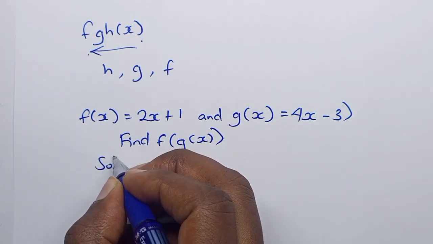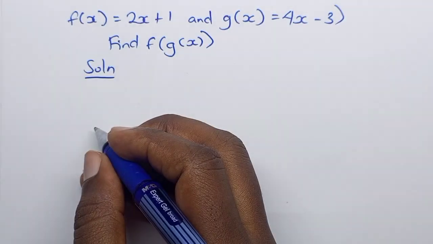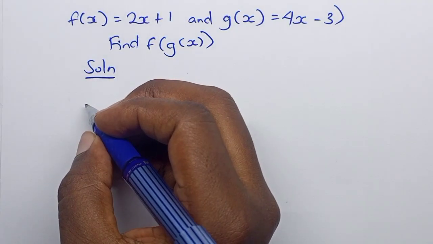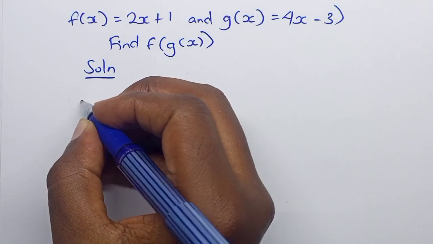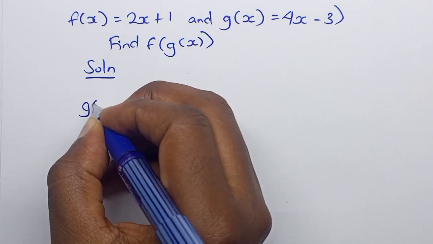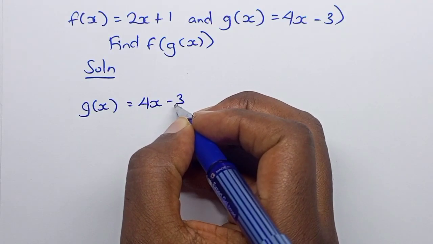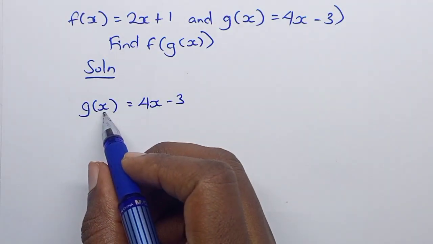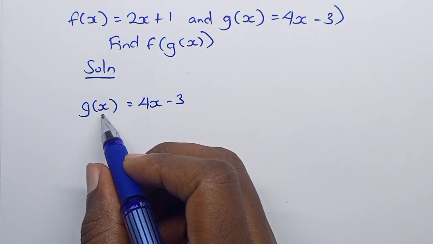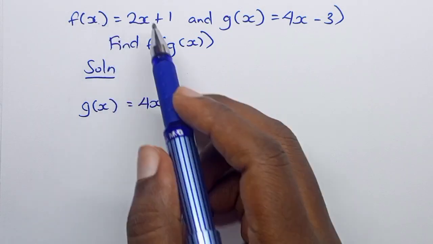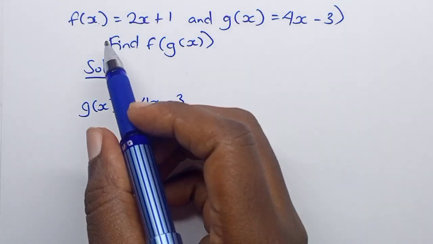So here the solution would be, we substitute g of x into f of x. So the expression for g of x is equals to 4x minus 3. So we replace for every x in f of x, we replace it with 4x minus 3.